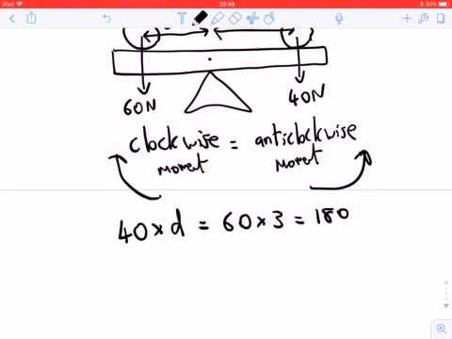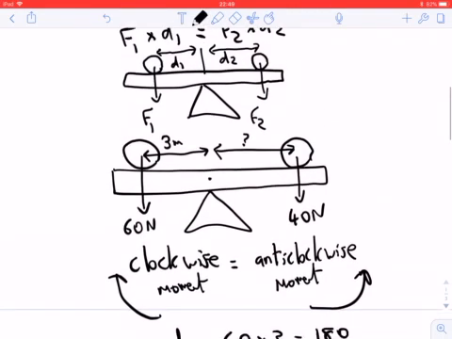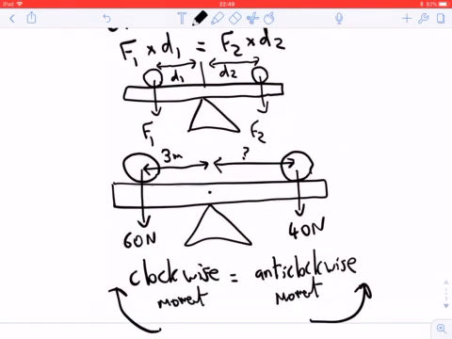And so our unknown distance is going to be 180 divided by 40, which is the same as 18 divided by 4, which is the same as 9 over 2, which is 4.5 metres. And if you think about it, that makes sense because we've got a smaller force, and so it needs to be at a greater distance from the pivot.